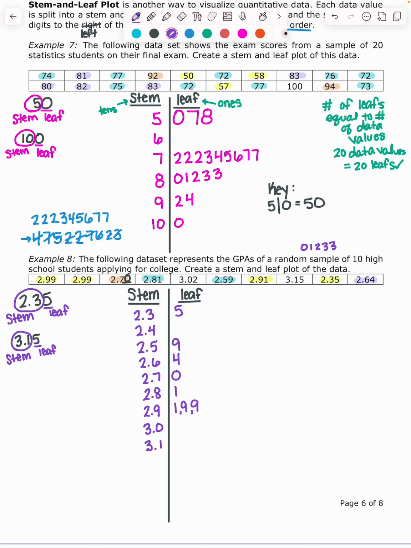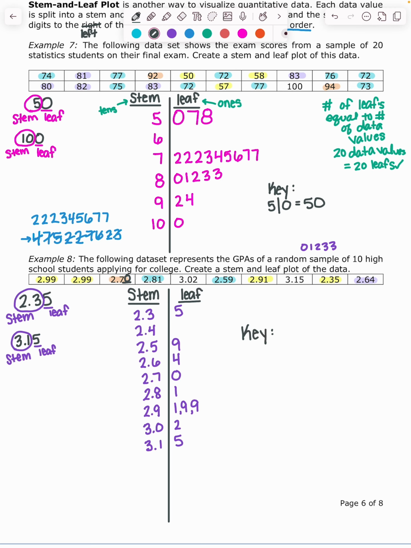Sometimes you'll see commas in the leaves when there's multiple values. That's totally fine. I personally don't like it. I think it looks busy, but it is absolutely fine to put commas in there. All right, getting down to the end, 3.02 and 3.15. Count up our leaves: 1, 2, 3, 4, 5, 6, 7, 8, 9, 10. Beautiful.